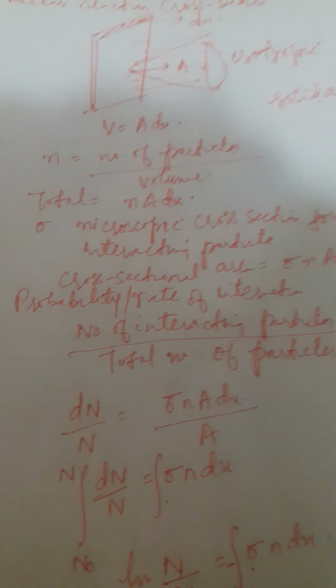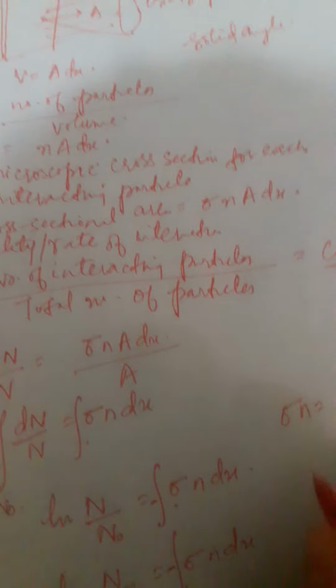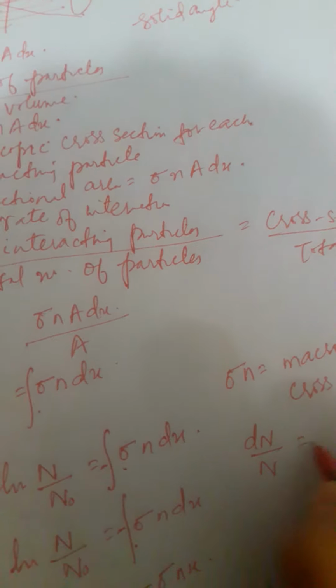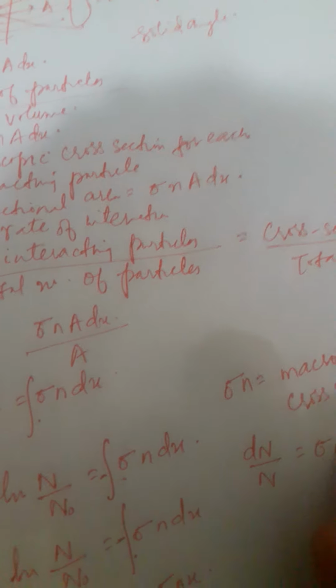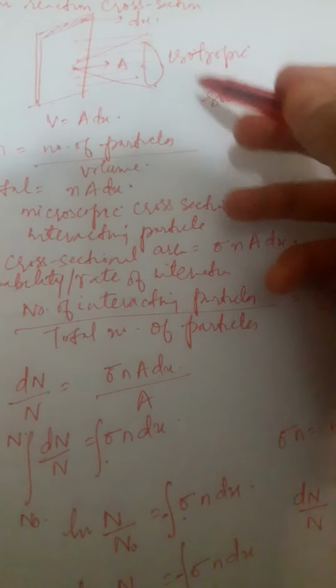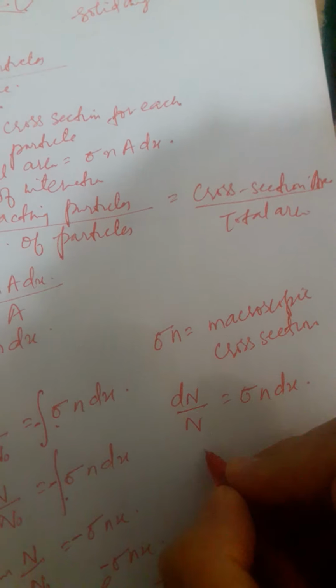In that case, let us write the expression dn by n equal to sigma n dx. But since the entire area is not involved and only a small angle is involved, we modify it.